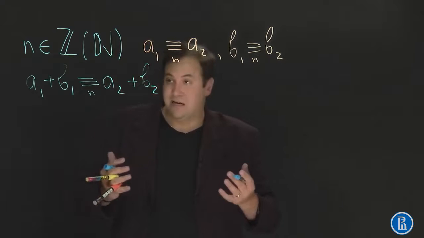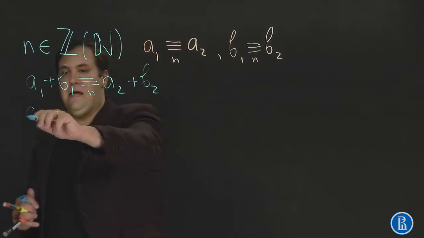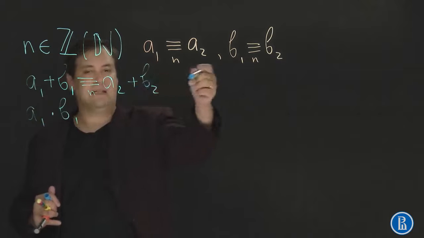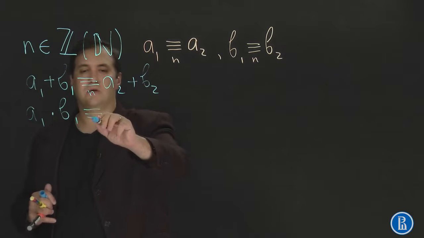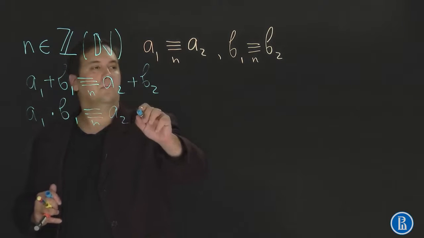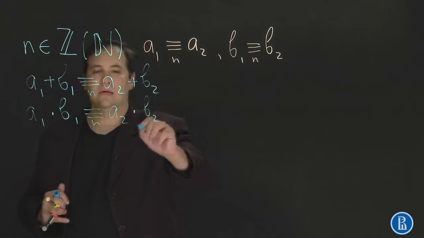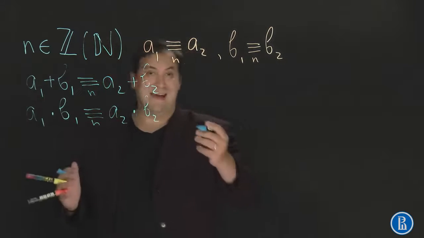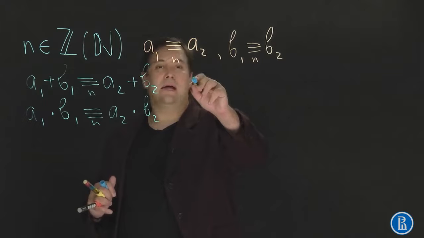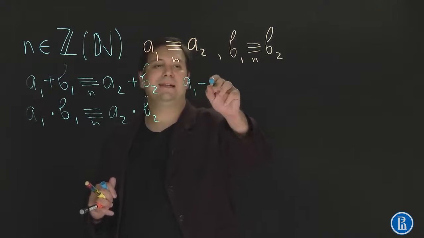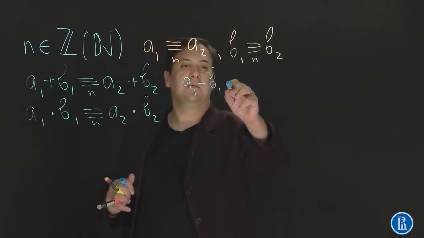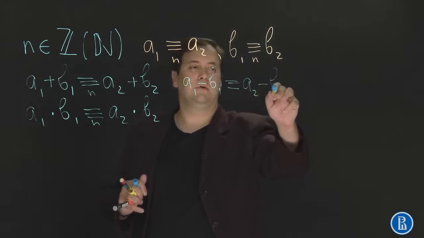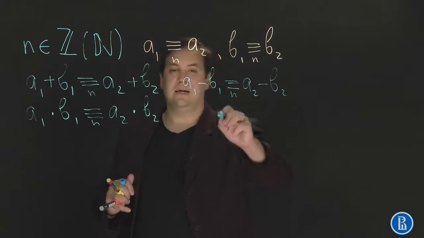Also, it is natural to expect that a1 multiplied by b1, so now we consider the multiplication, be congruent to a2 multiplied by b2. And also we may expect that a1 minus b1 be congruent to a2 minus b2, of course modulo n.